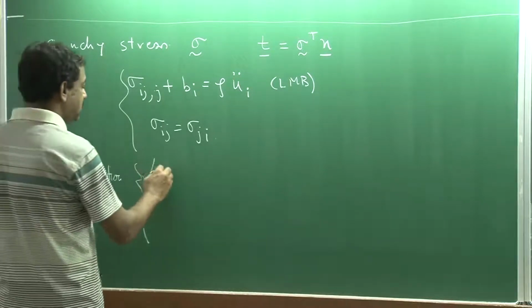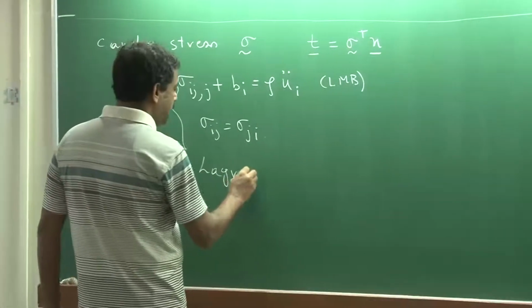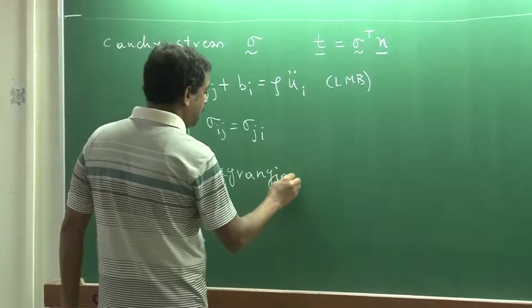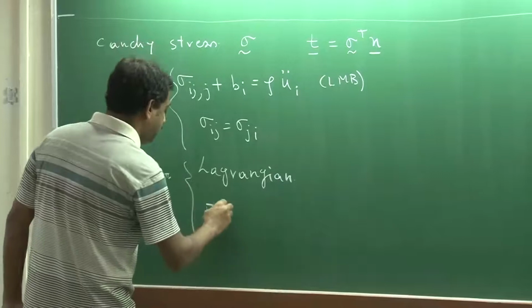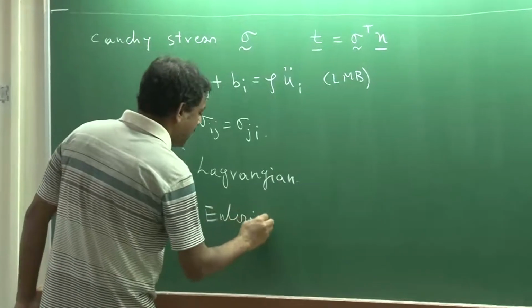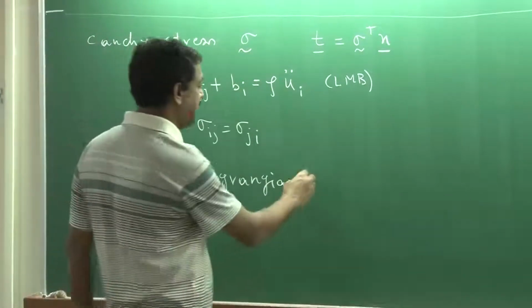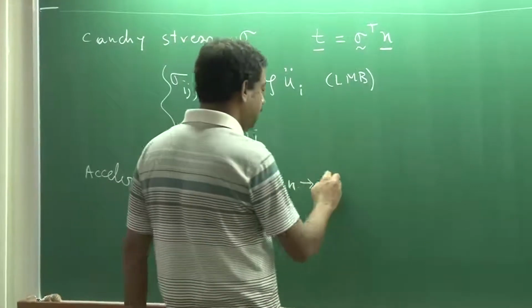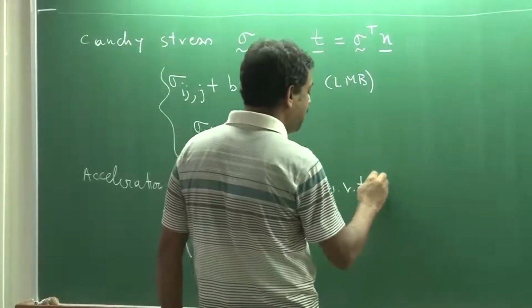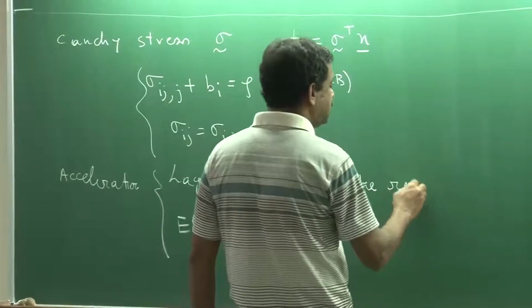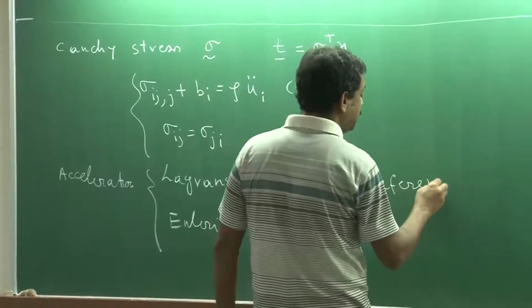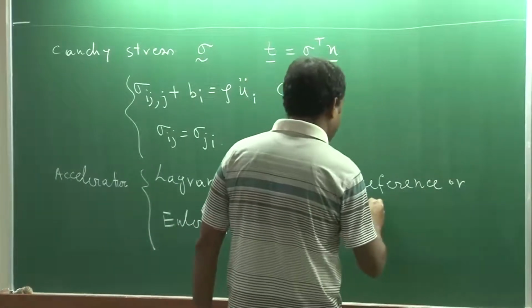One is Lagrangian and another is Eulerian. Lagrangian is the description which is with respect to the reference or undeformed configuration.